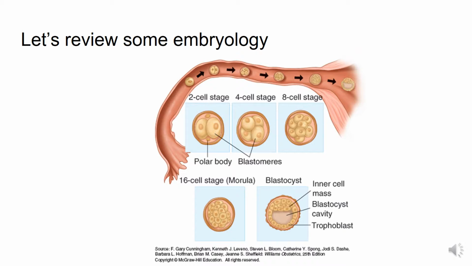You will see this when you rotate through REI, but the general anatomy of the blastocyst, you have the inner cell mass, you have the cavity, and you have the trophoblastic cells. We're going to have a dedicated series on embryology, so I'm not going to go into much detail right now.